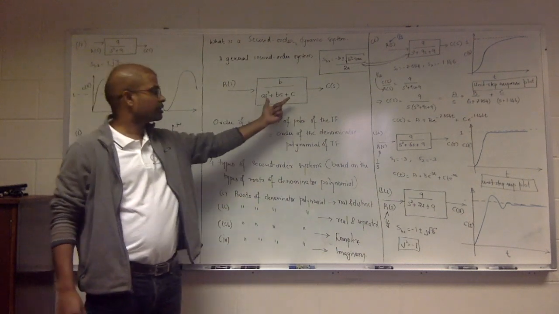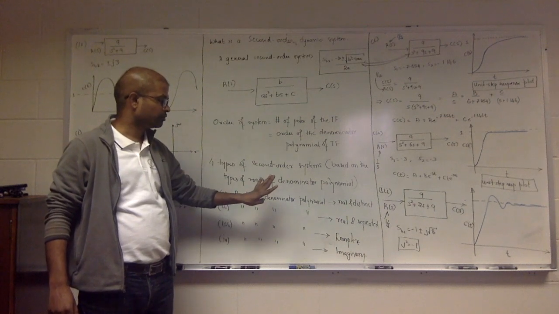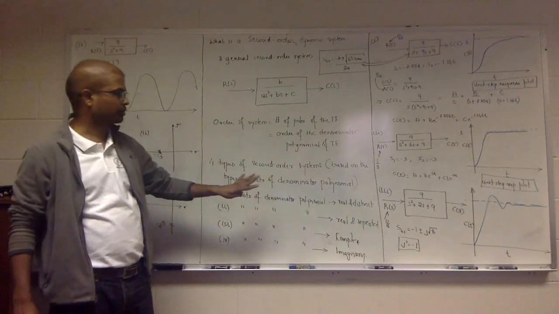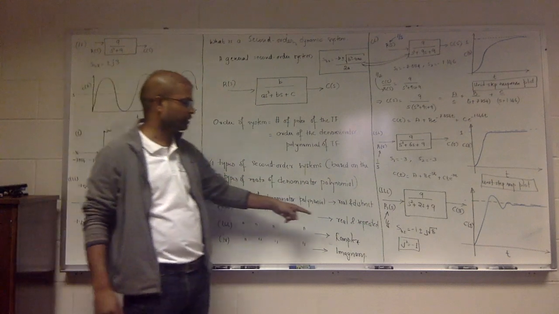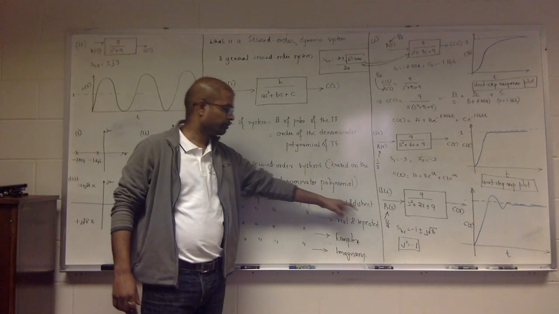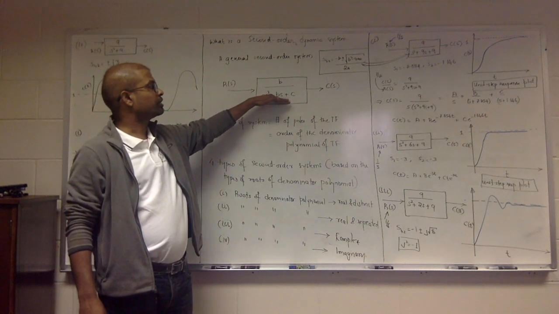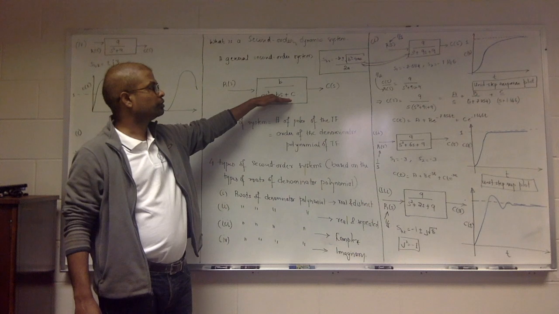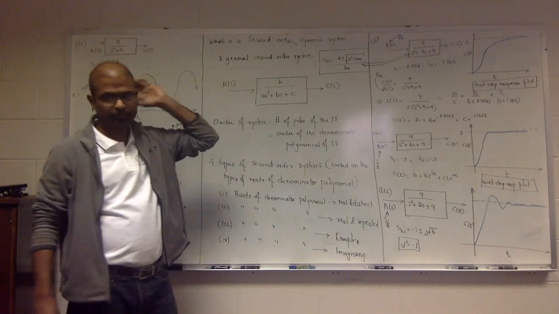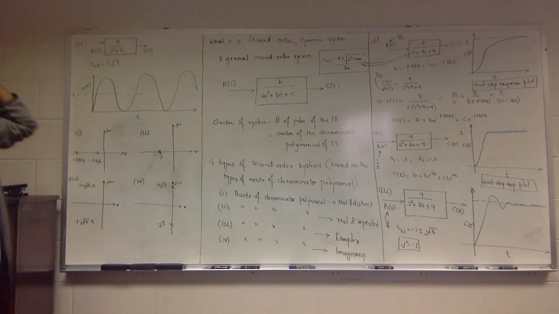If it's a second order system, the roots can be of four types. Four options. It is nothing else other than these. The roots are either real and distinct. Before I get into this, what is the condition for the system to be stable? Do you observe something here?